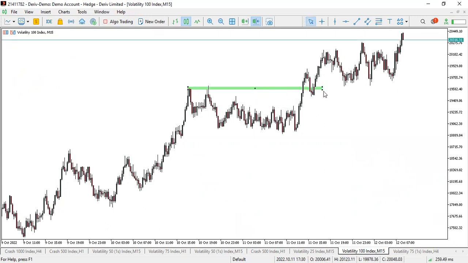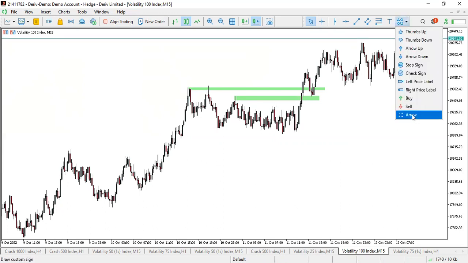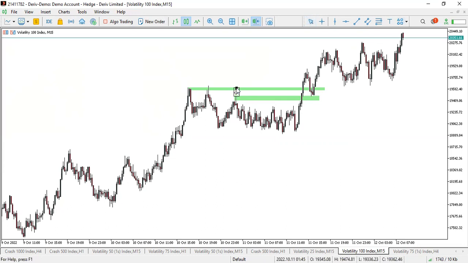So here it was not that accurate. The only one that was respected was not this one, it was this one. If you are able to see nicely there, it was this one. So that one was invalid, and the one that got it was this one.